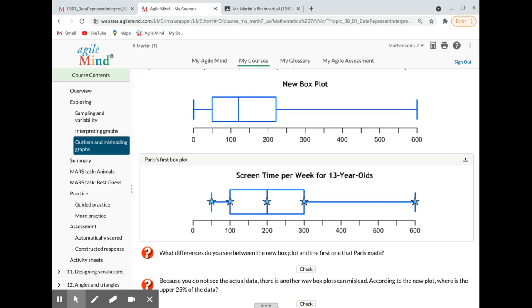What's something else that you notice, Erica? We're comparing this one, this was the first one, to this one. What's something that you notice is different?